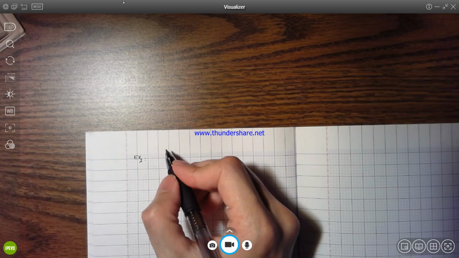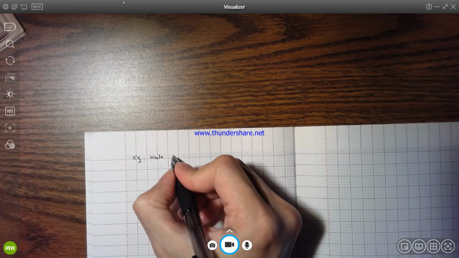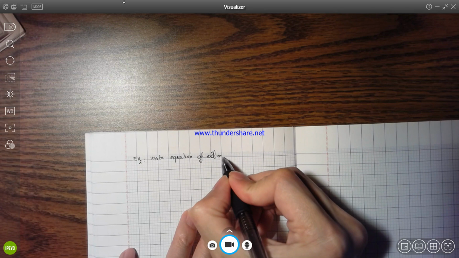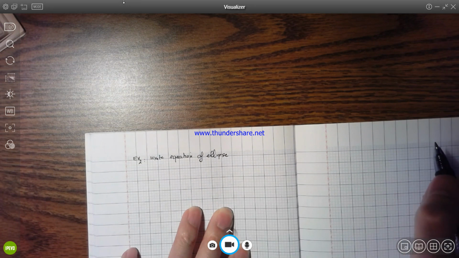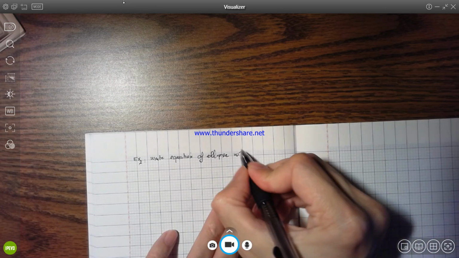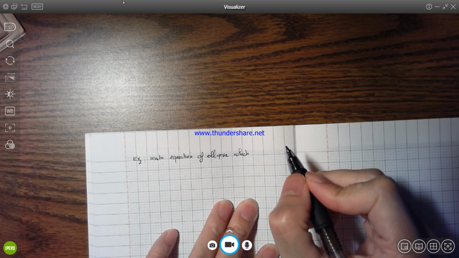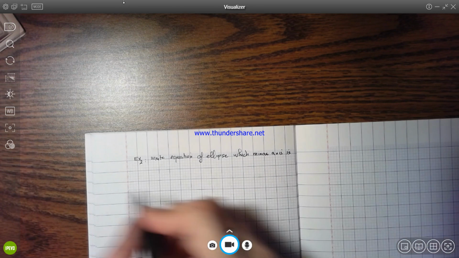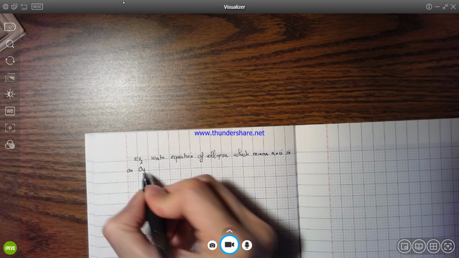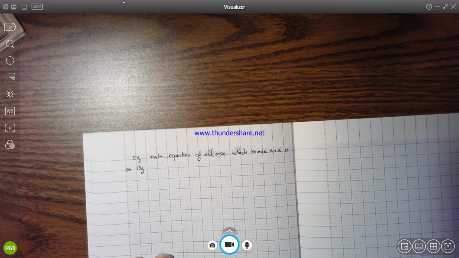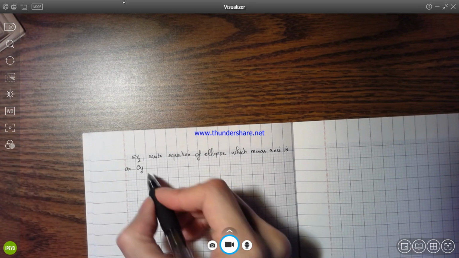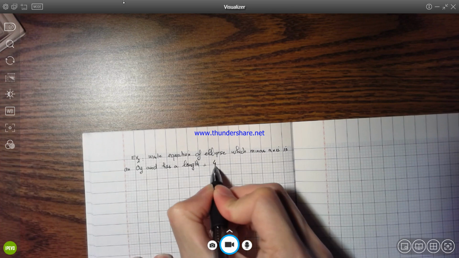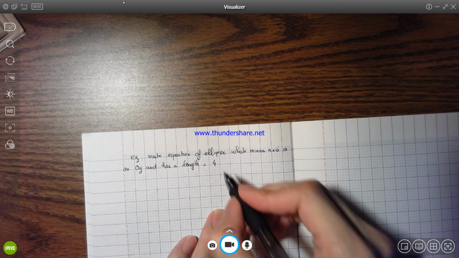In this second example, I want you to write the equation of an ellipse which has its minor axis on OY, and the minor axis has a length equal to 4.